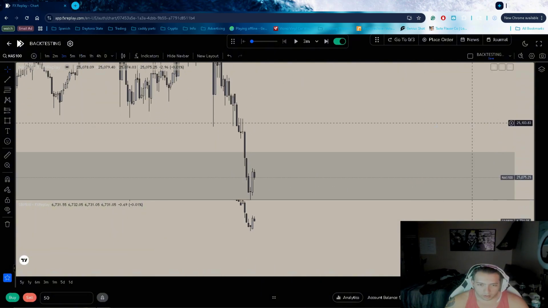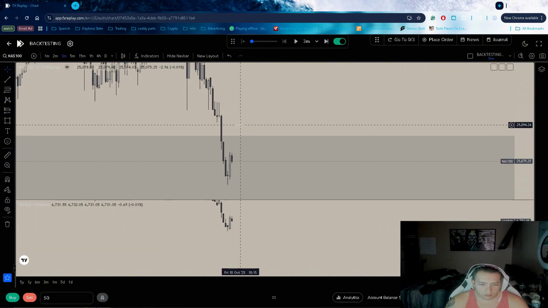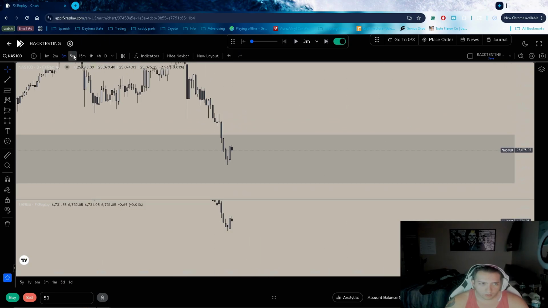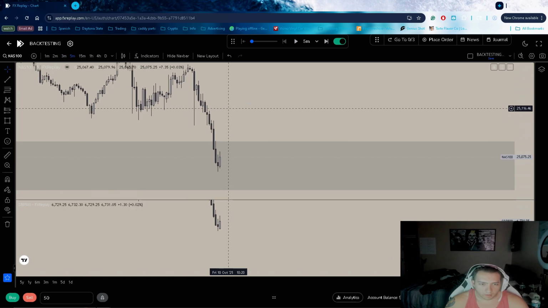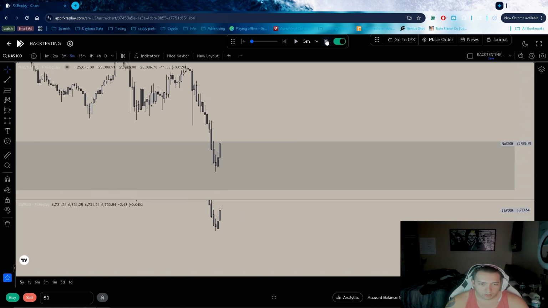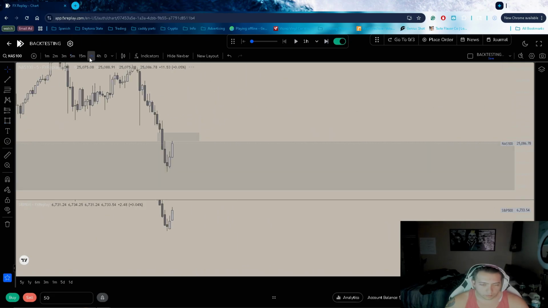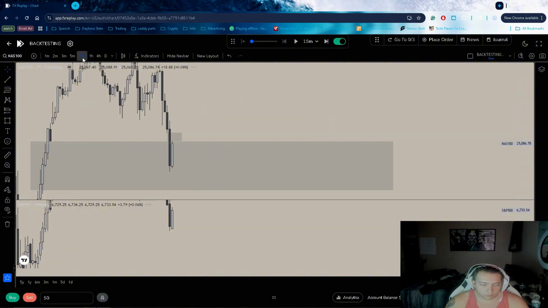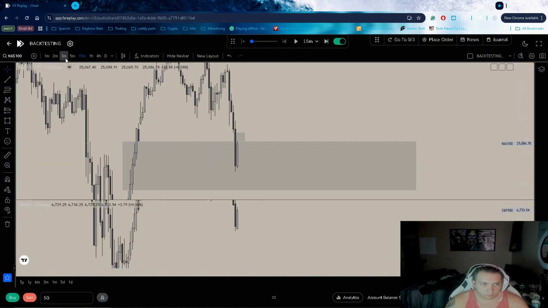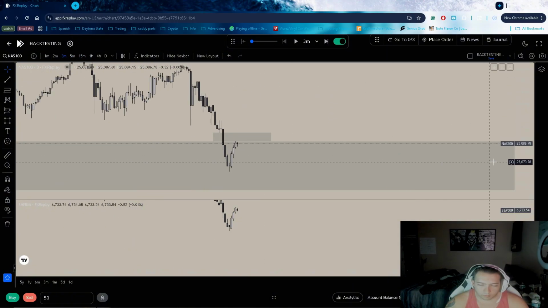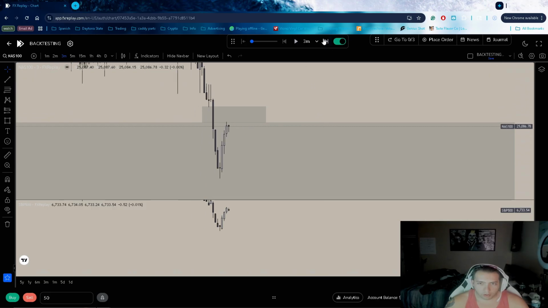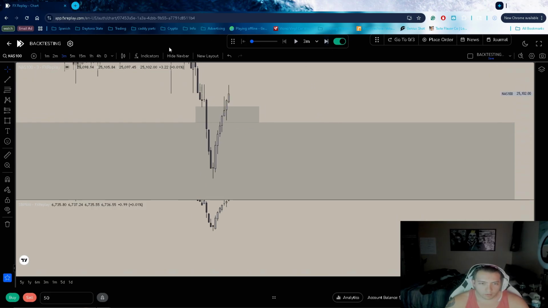We trace back into this 5 minute fair value gap, but we don't like it. I mean, we're so low on a discount. Very low on a discount. Great entries off this fair value gap, so yeah.